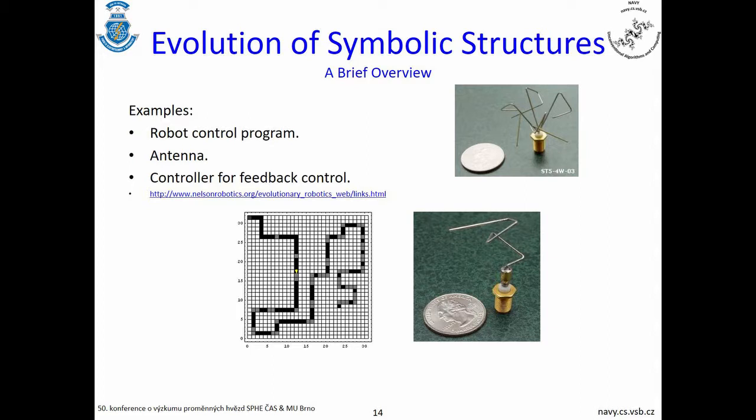NASA announced a competition for an antenna for a space probe, and many people tried to propose their designs, usually symmetric and so on, and then somebody used genetic algorithms, and there is the result. It looks like a design from a madhouse, but the emission characteristics of this antenna won the competition. I don't know if NASA used it. However, it was the winner of the competition.